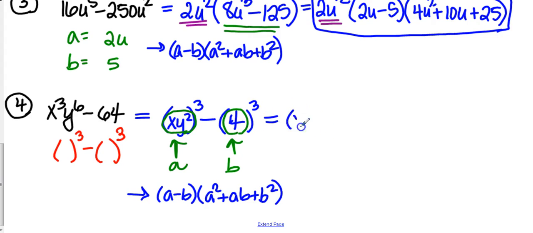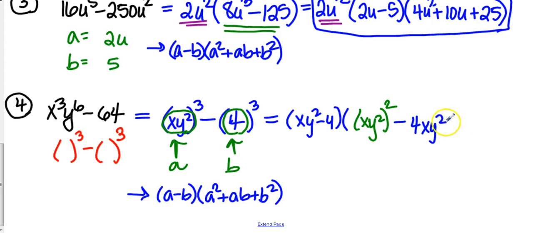So A minus B becomes xy squared minus 4. A squared. So if it helps, write yourself an in-between step. xy squared, so that's A squared, minus AB, which would be minus 4xy squared, plus B squared is plus 16.